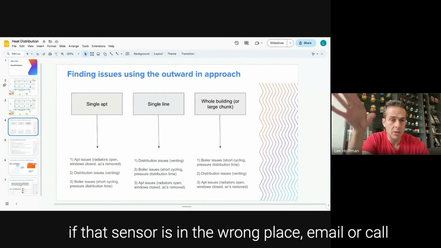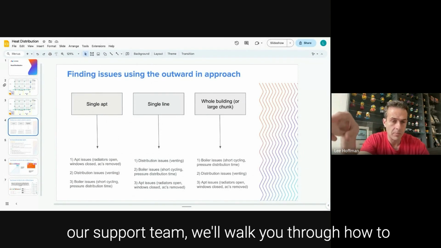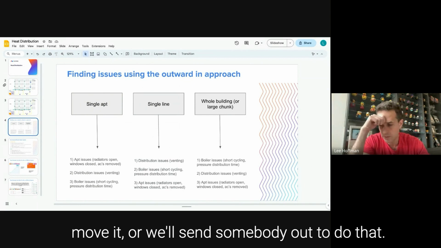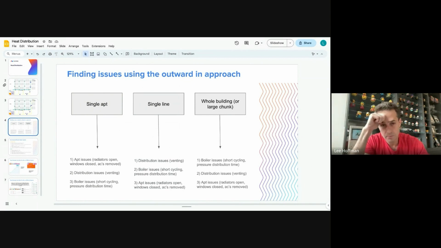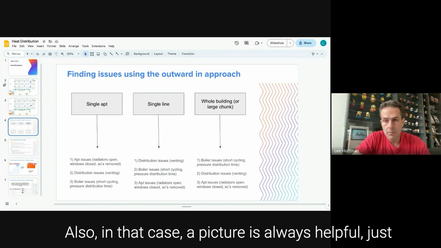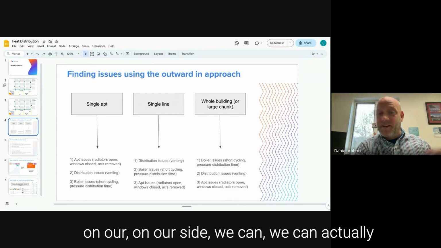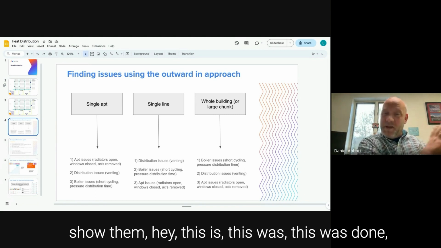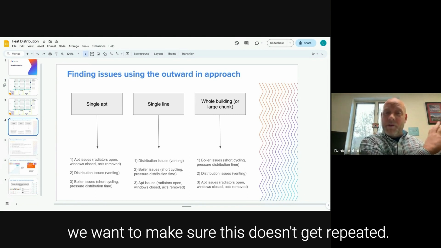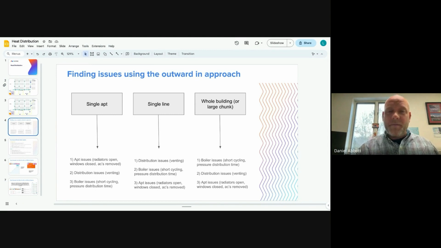If the sensor is in the wrong place, email or call our support team. We'll walk you through how to move it, or we'll send somebody out to do that. Also, in that case, a picture is always helpful, so if there is anything that needs correction on our side, we can show them how this was done and make sure it doesn't get repeated. Thanks.